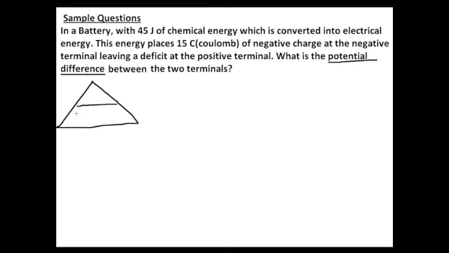So I have the formula for voltage: V equals E over Q. A few key terms in this equation are 45 joules. Joules is the unit for energy. So we have the given; this is what we're given in the equation.